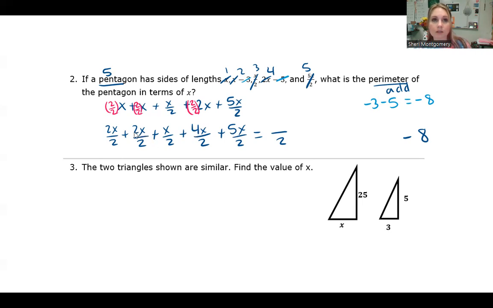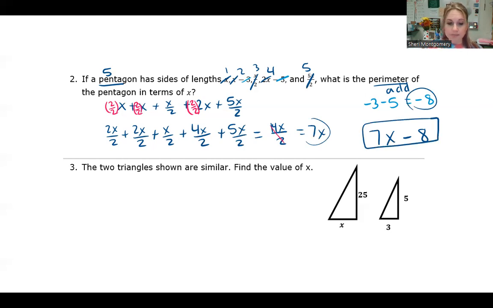And then 10, 11, 12, 13, 14. So I get 14x on the top. That can actually reduce because 14 divided by 2 is 7x. So I can put these two parts of my problem together: 7x minus 8. I know that problem was kind of a pain, but you can do it.